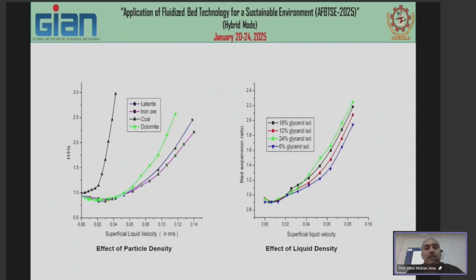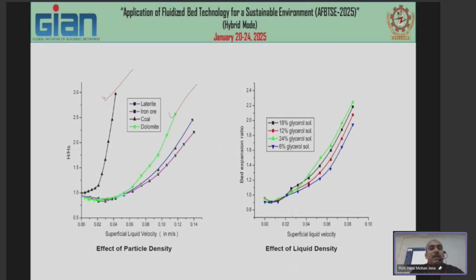Particle density has a significant role in the bed expansion ratio. With increase in particle density, the bed expansion ratio is less. For coal, the bed expansion ratio is the highest, followed by dolomite, having specific gravity in the range of 2.6 to 2.8.